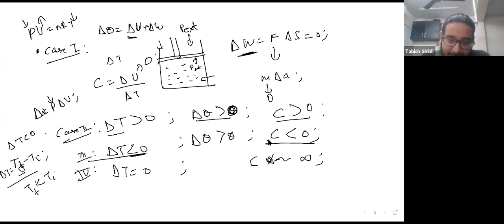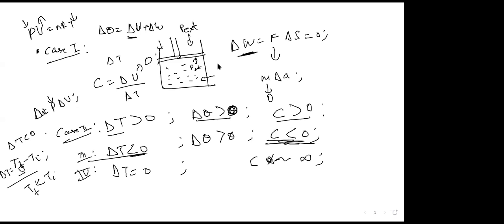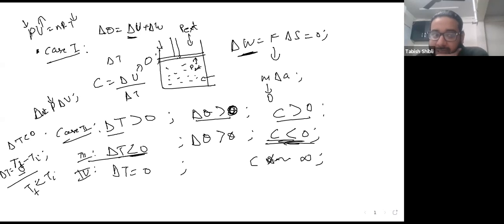So in this case, my specific heat will also be negative. Make sense? That is why we write V is directly proportional to T and not T is directly proportional to V, because then it depends on the pressure as well, because pressure can also change.